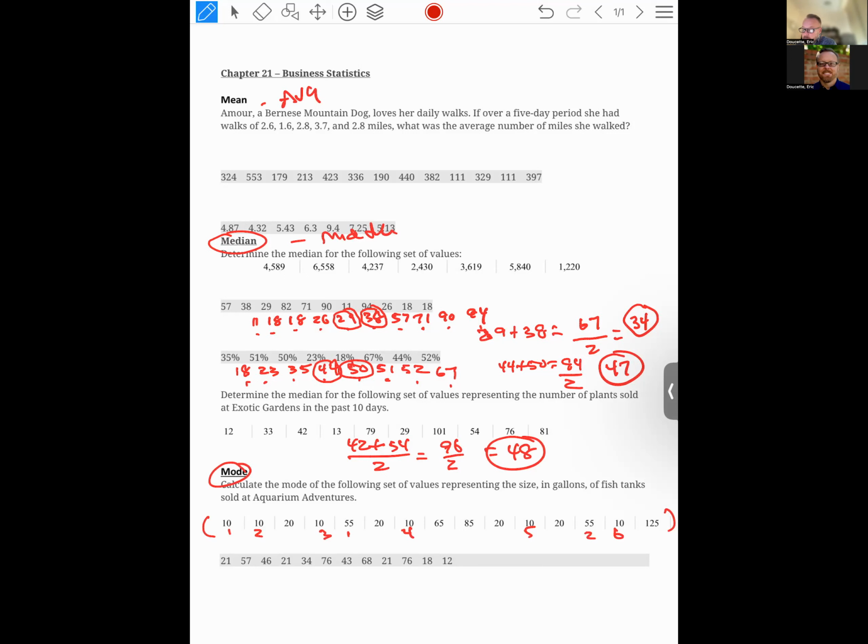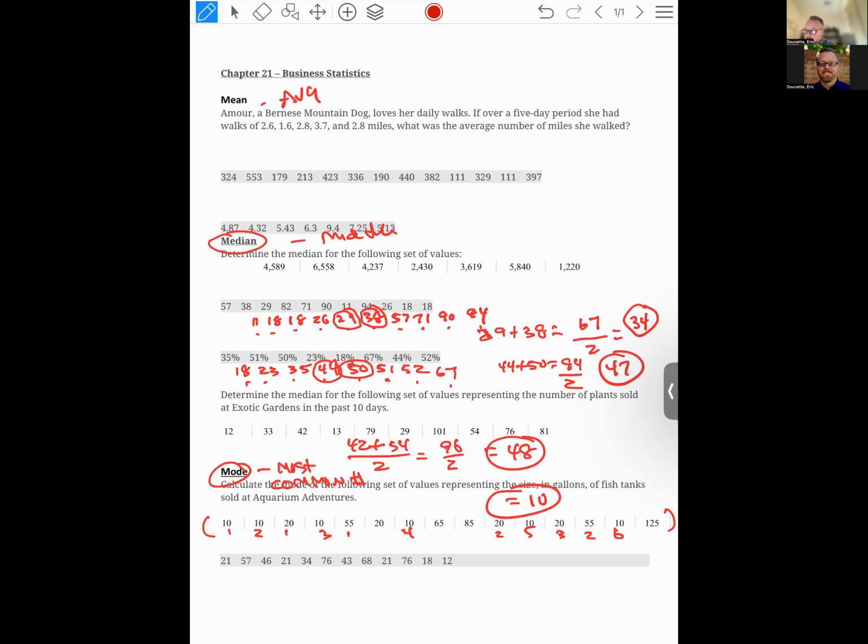You have the number 20 three times. So by far, 10 is the most common number. So your mode equals 10 for this set of numbers. It's the one that's most common. So mode means most common number.